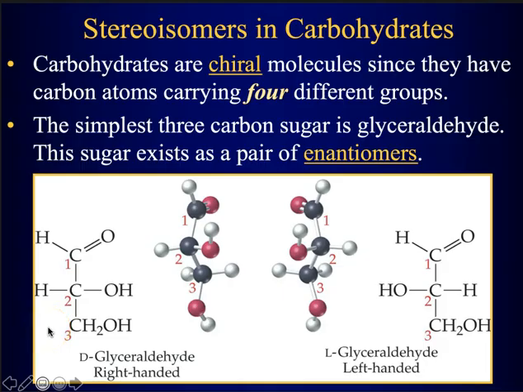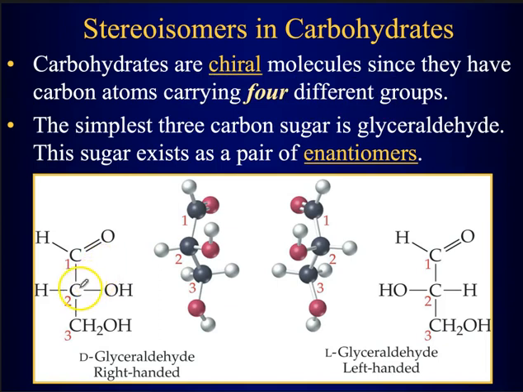So if we look at our carbohydrates now, the quote-unquote thumb of the carbohydrates is these alcohol groups in the middle of the chain. I would have to break off this alcohol and put it on the other side. There is no way for us to twist this molecule. So we're going to call these middle carbons chiral. Chiral means that they are carbon atoms carrying 4 different groups.